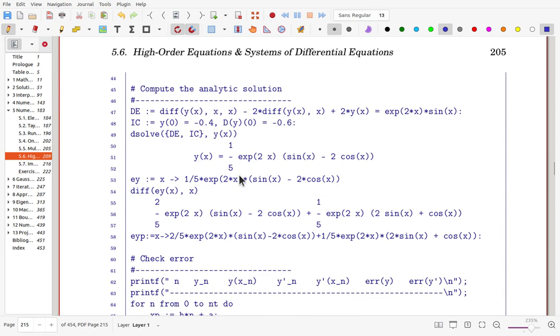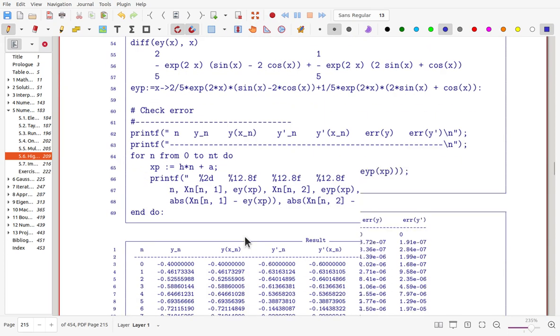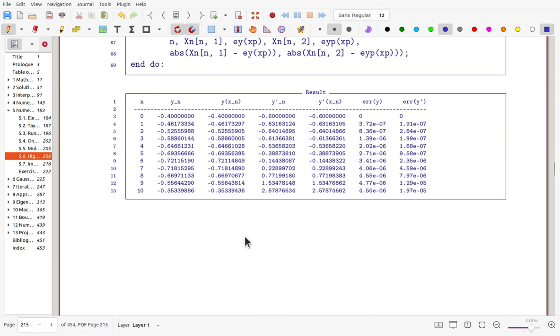Now, after finding the exact value, we print out yn, that is the approximated value, the exact value, and y prime n for the extra variable, the computed value and the exact value, and this is the error for y and the error for y prime.